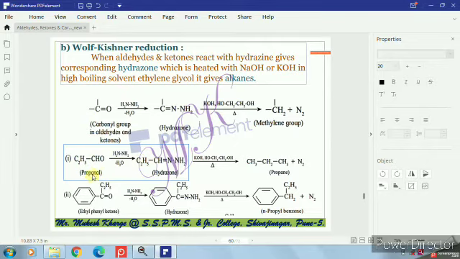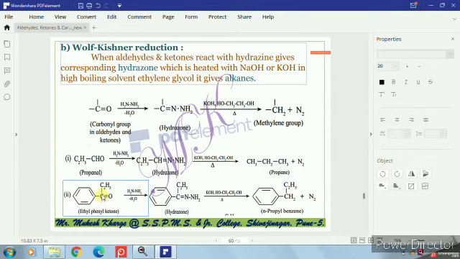So hydrazone of propanal, or propanaldehyde hydrazone is your intermediate, which reacts with alkali KOH, and what do we get? CH double bond N gets converted to CH2CH3 group, C2H5, that is CH3CH2. This CH gets converted to CH3, and this N gives nitrogen. Okay, so we get propane from propanal.